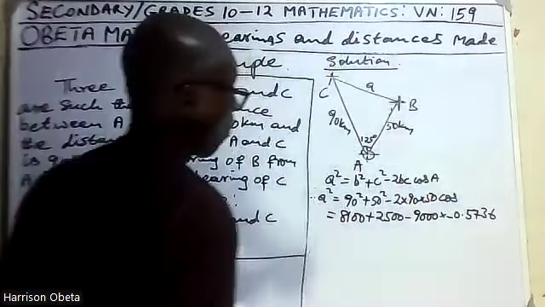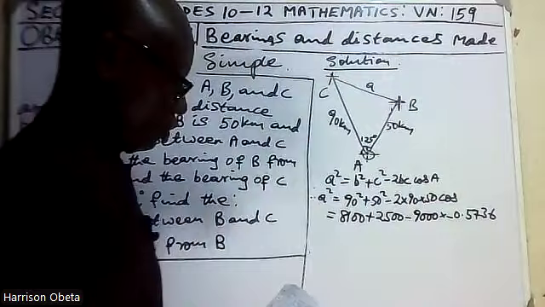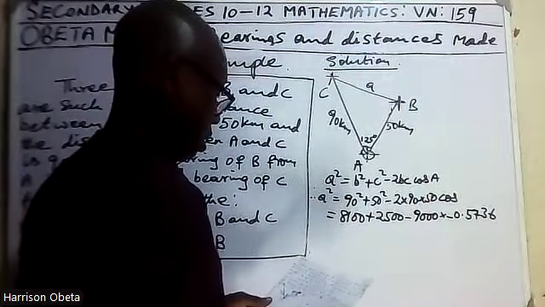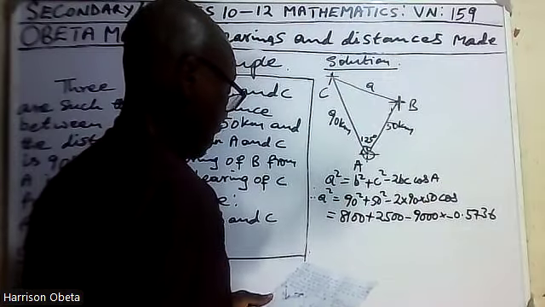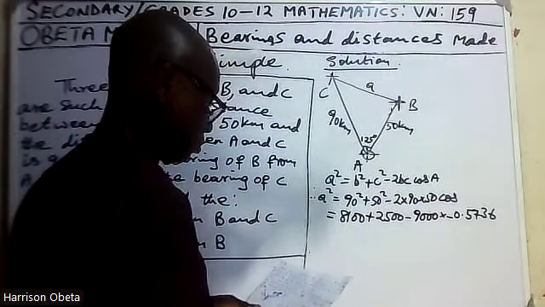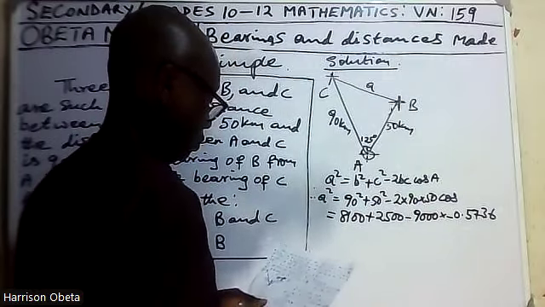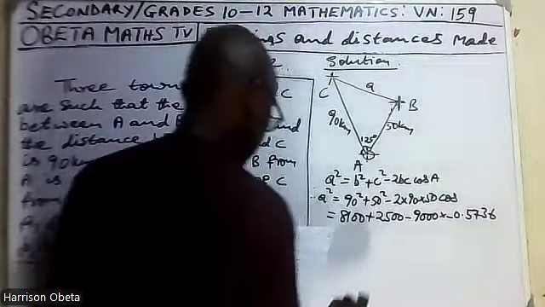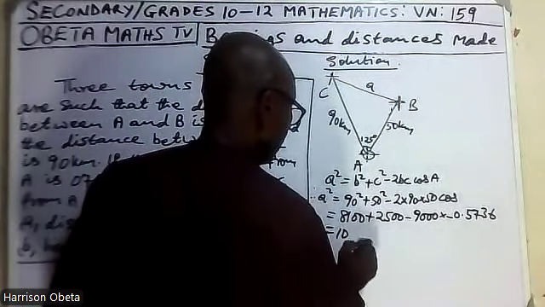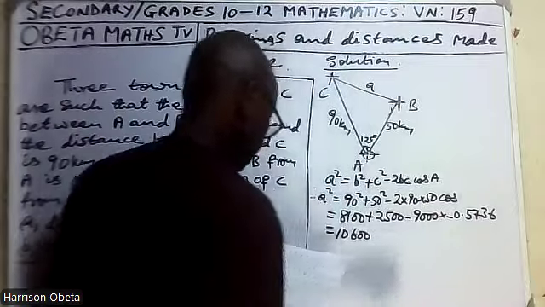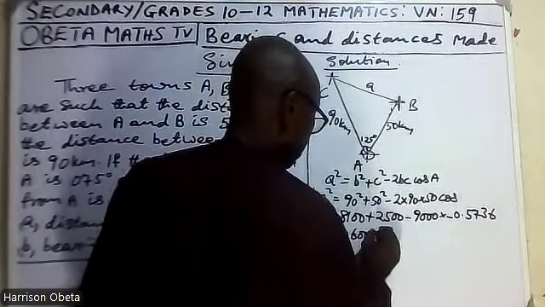Then continue, and that will give us, you add, that will be 10600 plus.